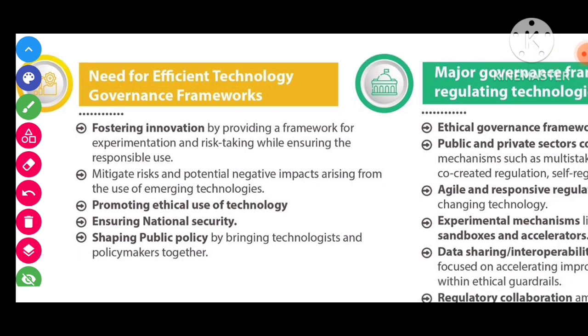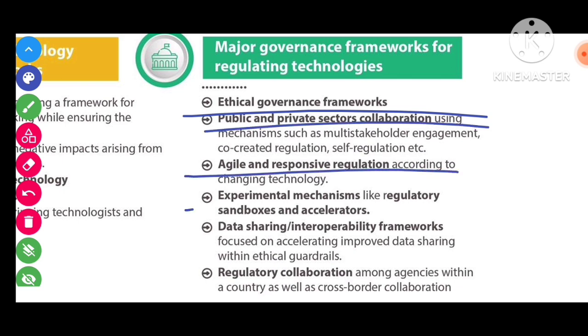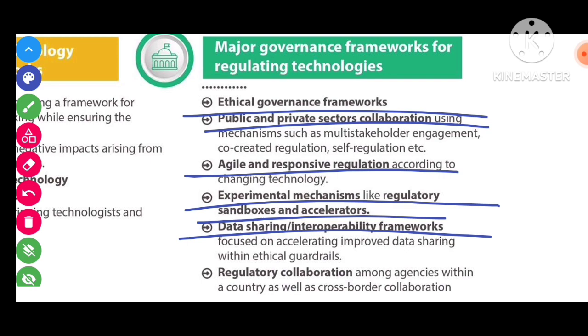So you can remember this. And the major governance frameworks for regulating technology, such as ethical governance frameworks, public and private sector collaboration, agile and responsive regulation, experimental mechanisms like regulatory sandboxes and accelerators, data sharing or interoperability frameworks, and regulatory collaboration.